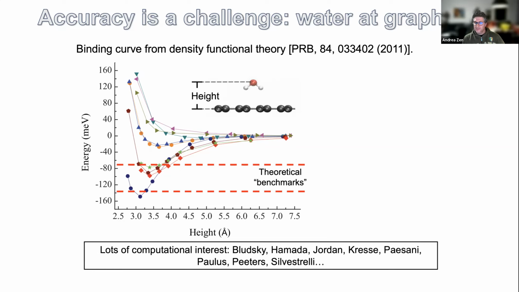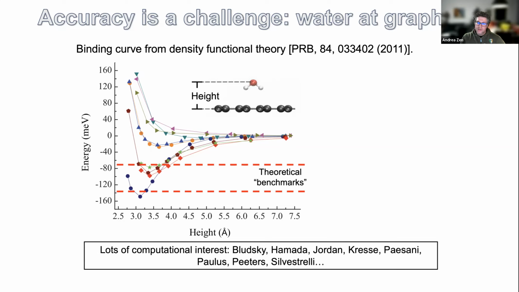And so the question is, do we need to be more accurate than this, or is this enough for our purposes? It seems it's not a large interval, because it's just a little bit more than 1 kcal per mole, which is considered the chemical accuracy.